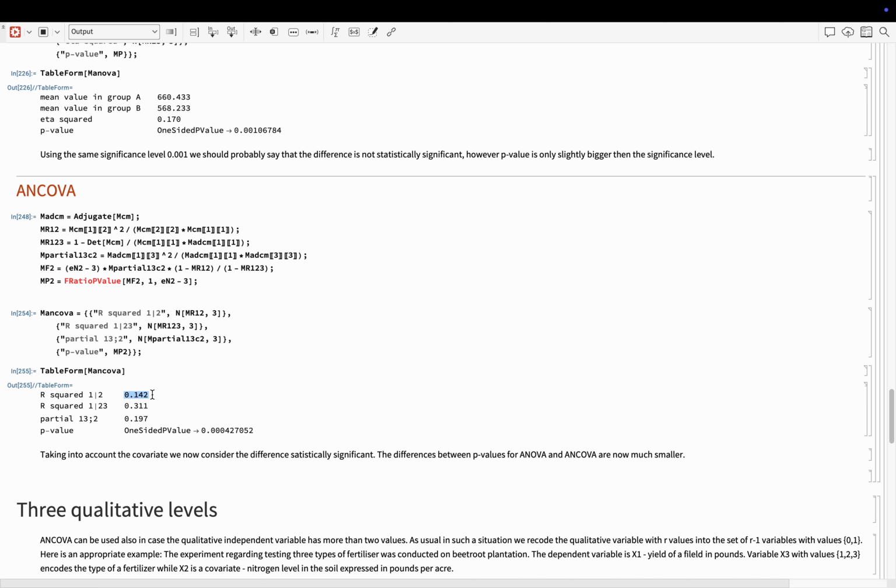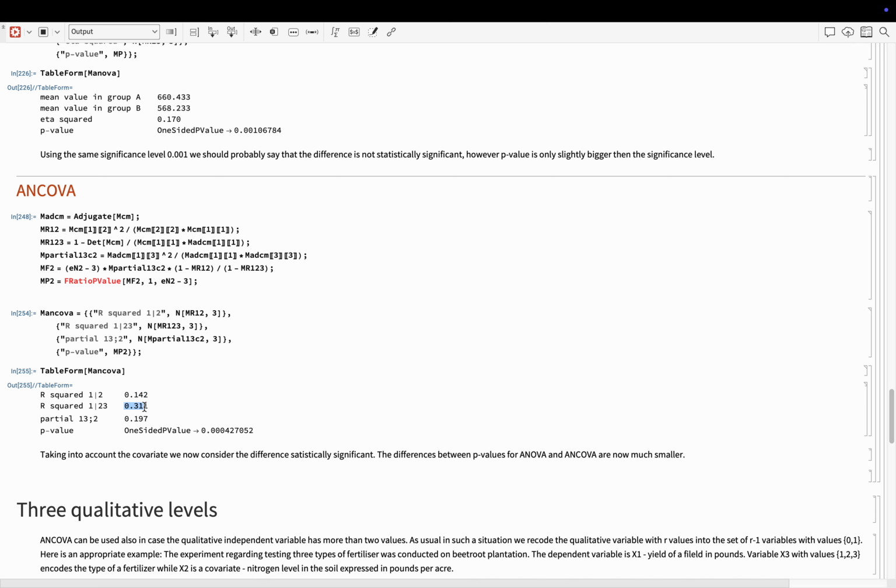So what we can see here is that the linear dependence between the covariate and the result variable, the dependent variable, is not very strong. Again, only 14% of the variance is explained by the relation with the individual skills of students, which is small.